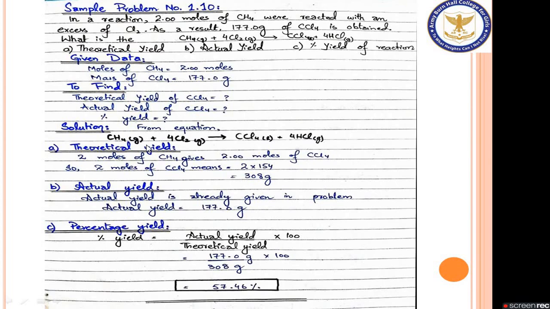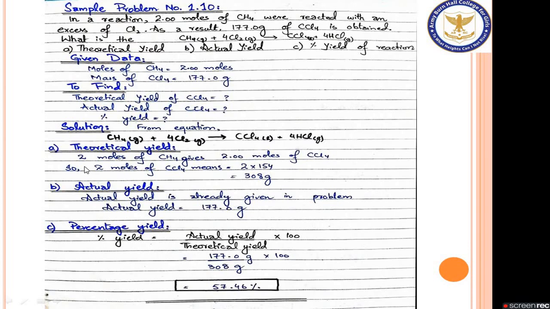If you observe, in the previous problem the quantity of the reactant was given in terms of grams, so first we converted those grams into moles. But here the reactant quantity is already given to us in terms of moles. So we have to proceed with these moles further.